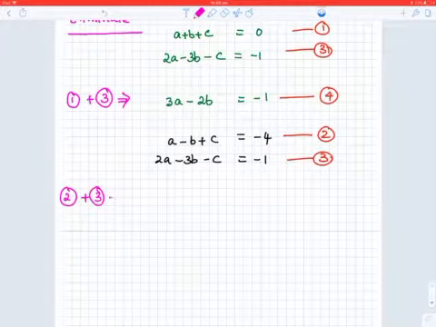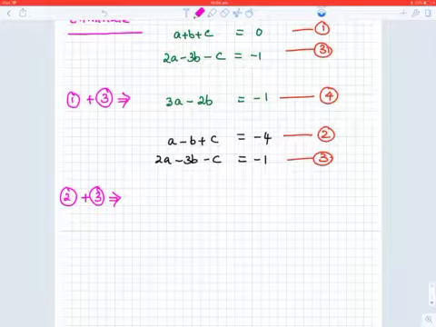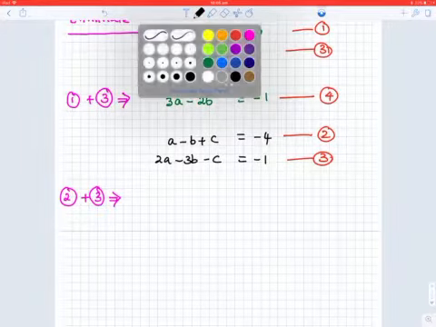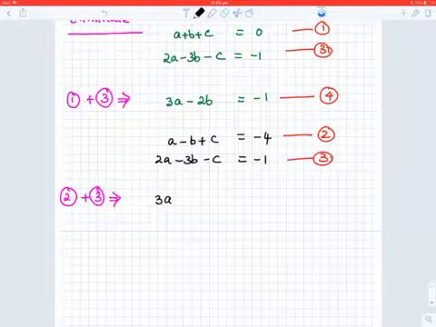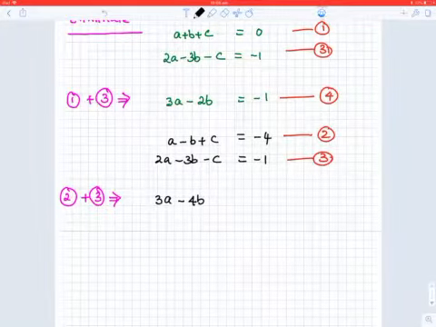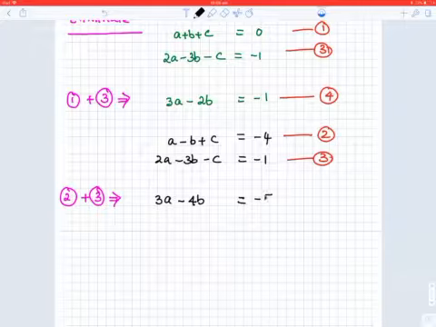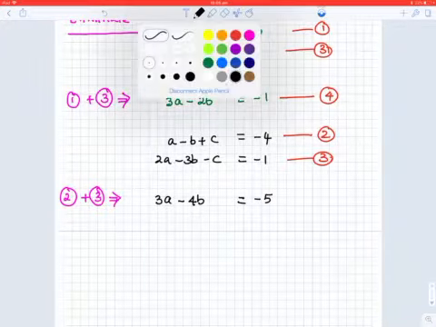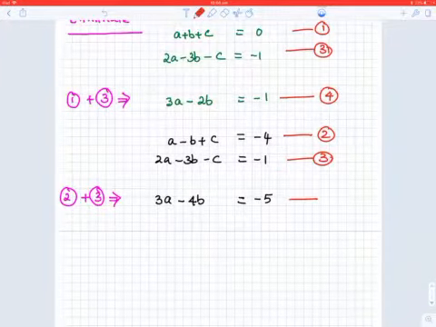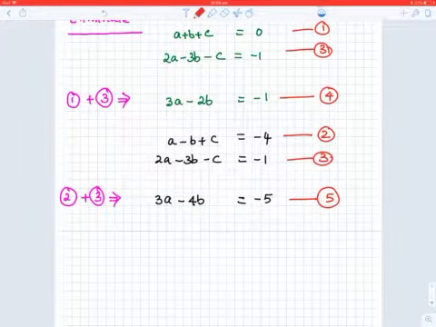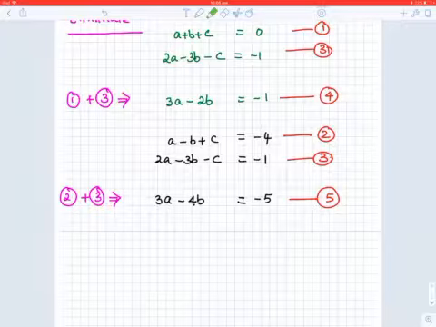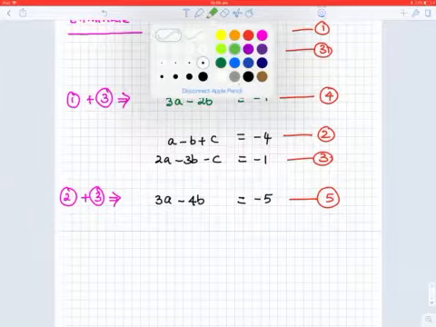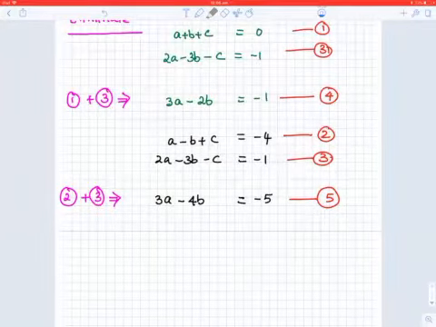Now I'm adding equation 2 and equation 3. A plus 2A becomes 3A, and minus B minus 3B becomes minus 4B, equal to minus 5. This is now my equation number 5.